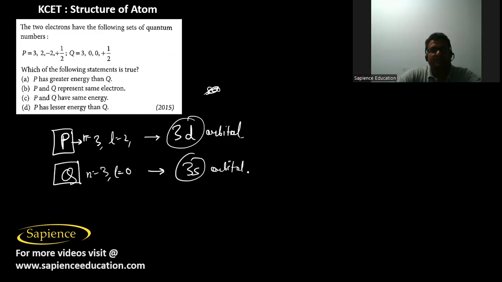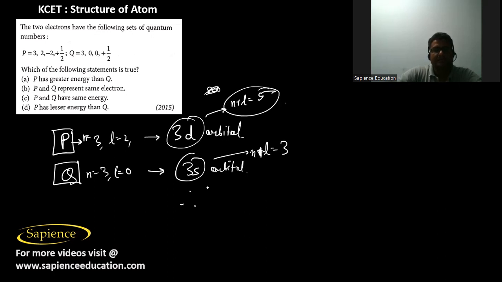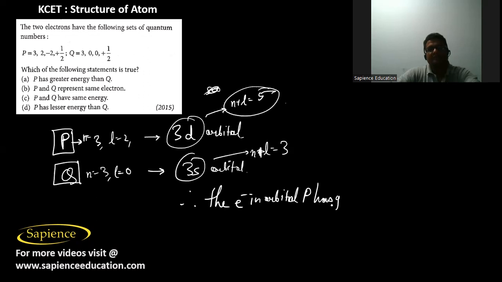For 3D, the n plus L value is equal to 5, and for 3s, the n plus L value is equal to 3 only. So obviously P has greater energy than Q. P and Q have the same energy? No, it is wrong. P has lesser energy? No, it is wrong. Therefore the electron in orbital P has greater energy than that of Q. So option A is the correct answer.